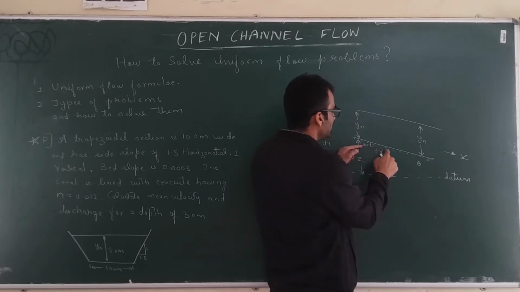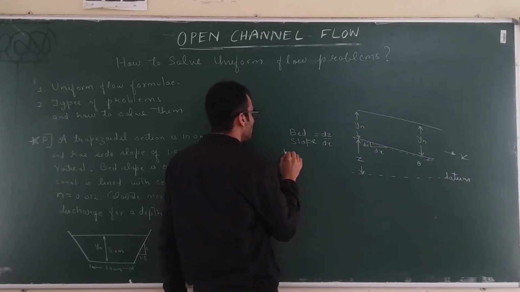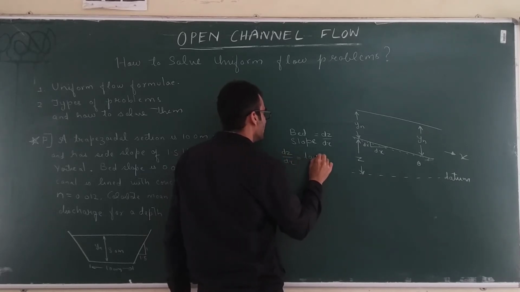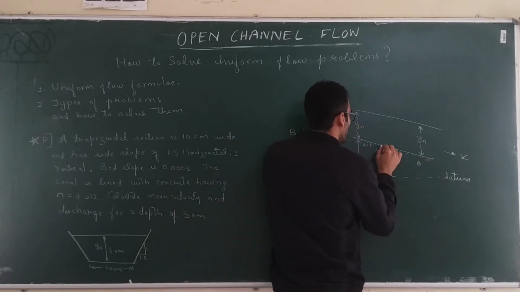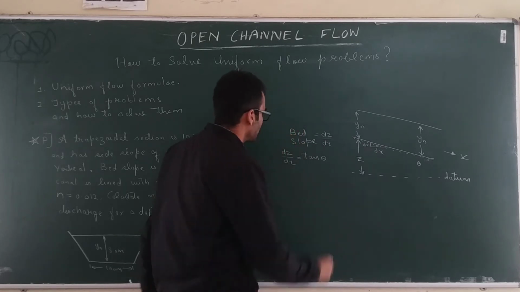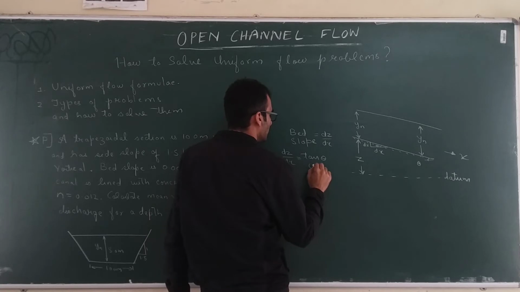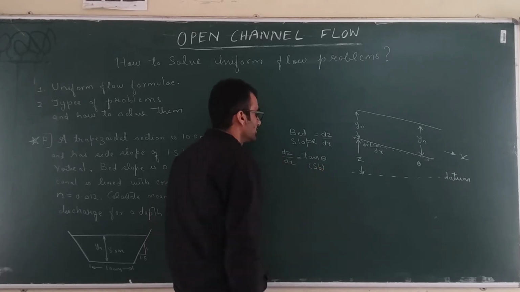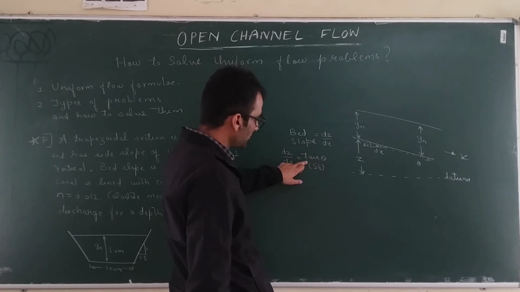So this slope is dz by dx, and dz by dx will be equal to tan theta. If this is theta, this will be also theta. So opposite upon adjacent is tan theta. So we have tan theta equal to dz by dx. This is also called bed slope, SB. So bed slope is nothing but SB. It is equal to dz by dx, and it is also equal to tan theta.